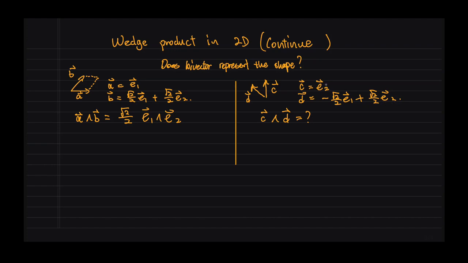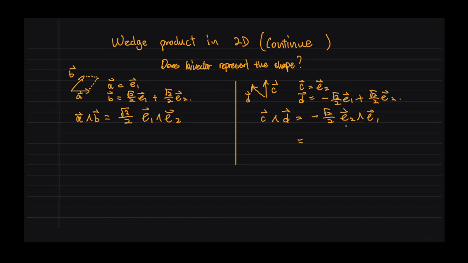Since E2 wedge E2 is 0, C wedge D is equal to minus square root of 2 divided by 2 E2 wedge E1.